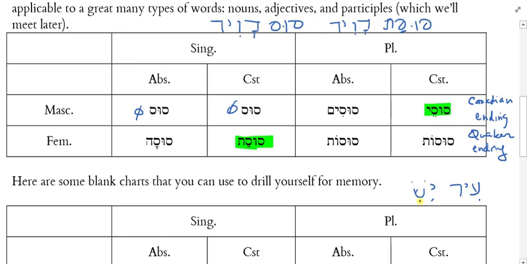Ir Yisrael. What would I do? Would I change the ending if there's no ending on that form? No, I wouldn't. Okay? So this is the way ir would look in the construct. So that's feminine singular construct, okay? And that's the absolute form. So the city of Israel would be ir Yisrael. Even though this is on the masculine line, if it happens to be a feminine noun with no ending, its construct will be no ending.